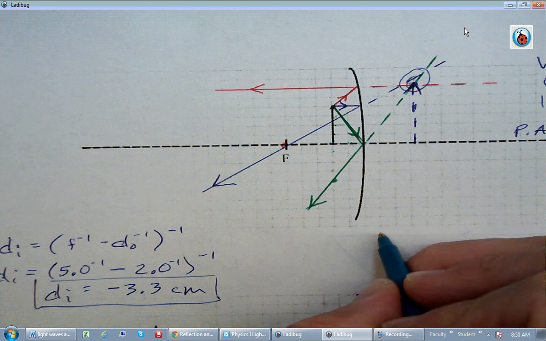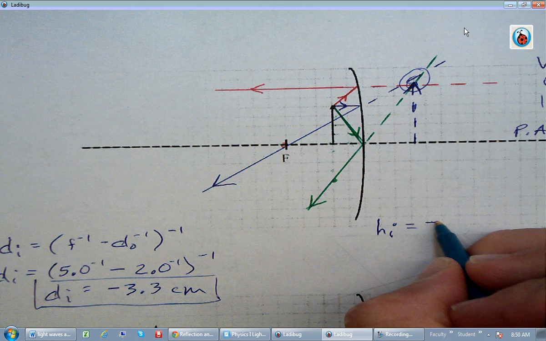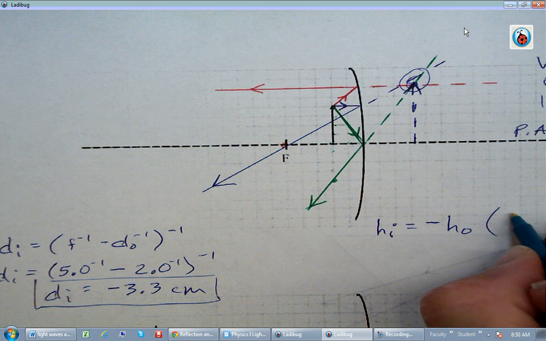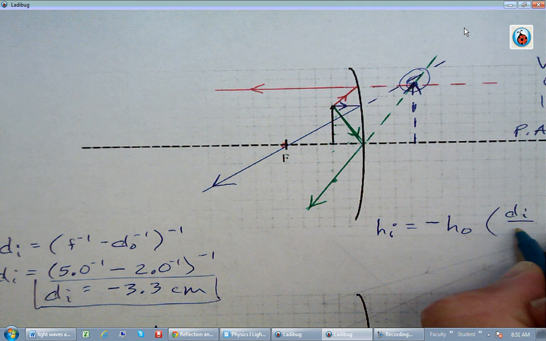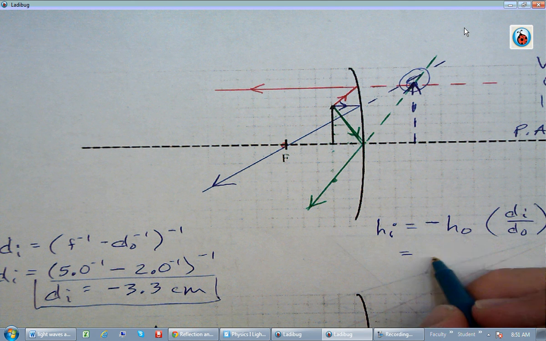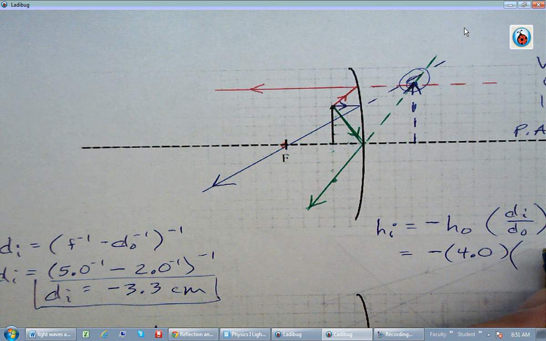Then I'm going to do the magnification equation, which says the image height is to the object's height as the image distance is to the object distance, but negative. So the object's height was 4 units. The image distance we just found was negative 3.3. It's important to get that negative sign in there.